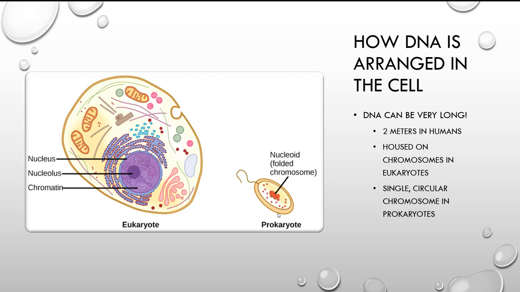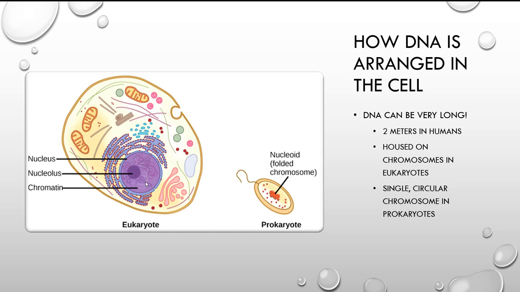They can be 1.6 meters in length. They're just a single circular chromosome. Okay, so prokaryotes, like bacterial DNA, it just comes in a single circle, that's in the nucleoid region of the prokaryote. All right, so it's just kind of hanging out there.